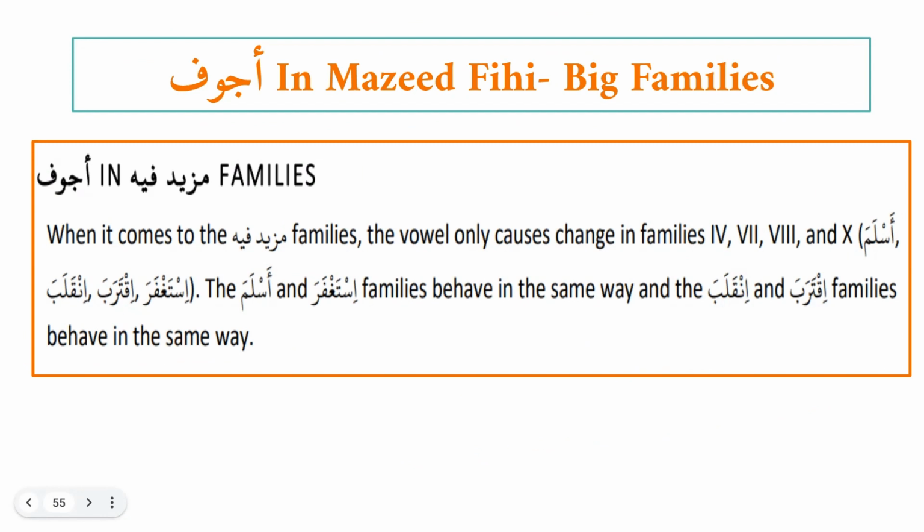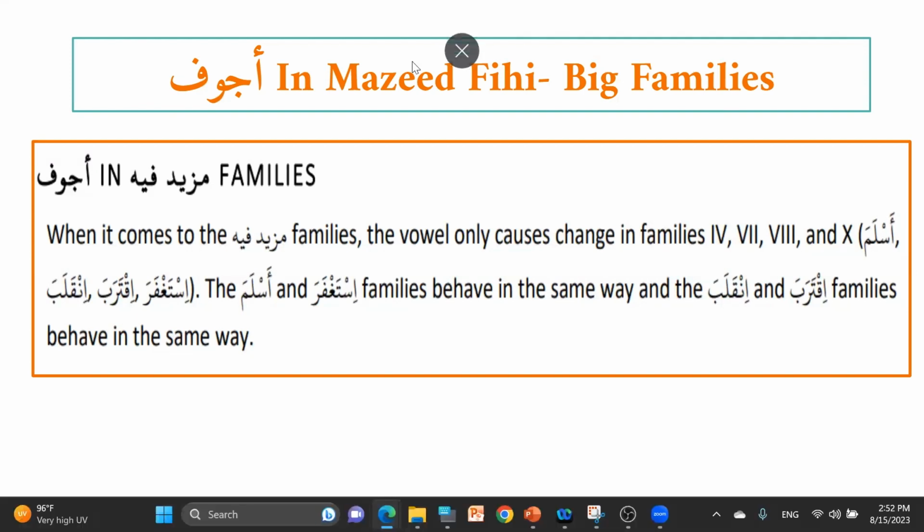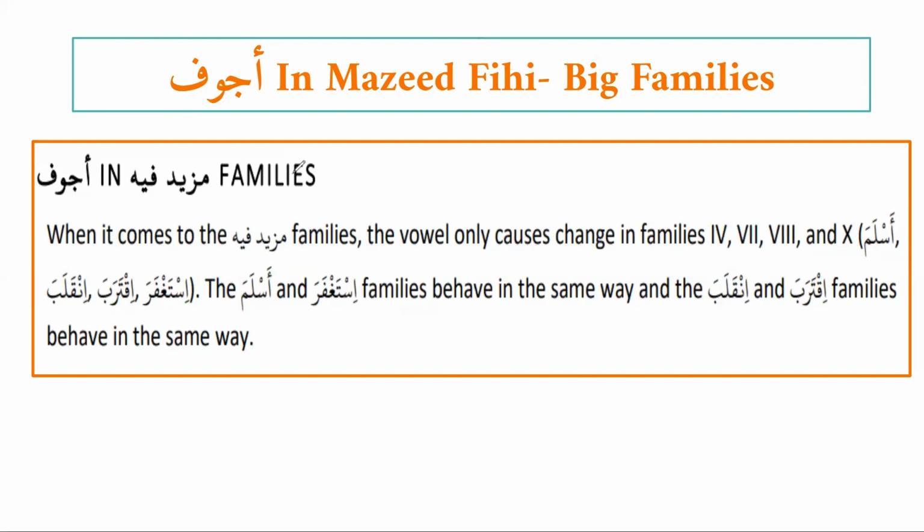If you look at the surf changes that occur in Mazid Fihi families, you would come to know that the ta'lilat you need to do for Ajwaf occur only in family 4, family 7, 8, and 10.